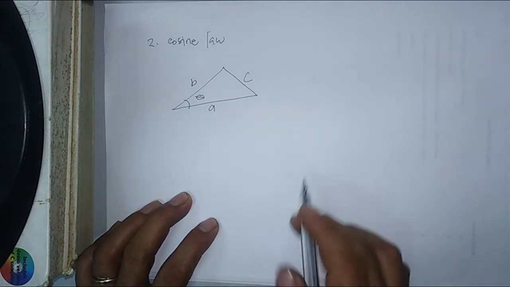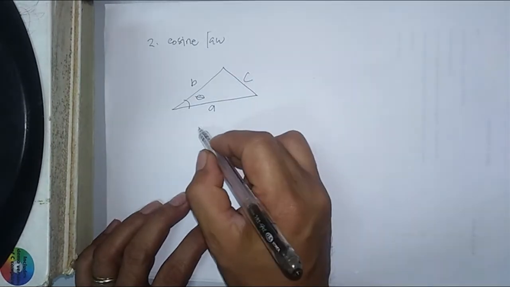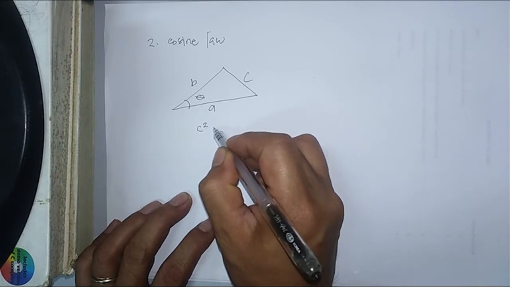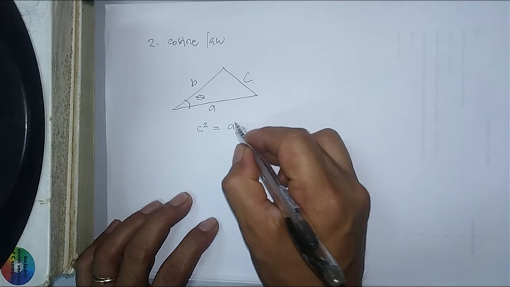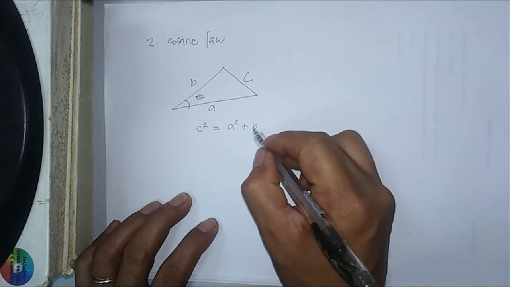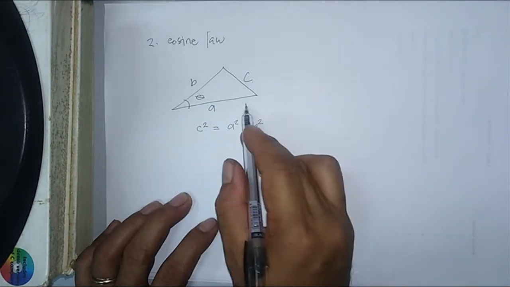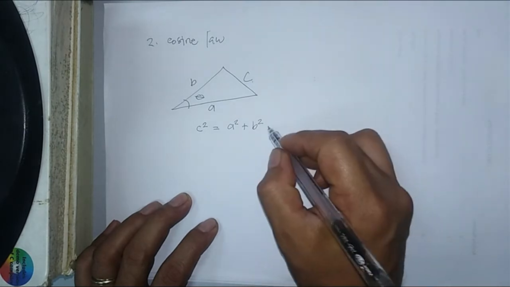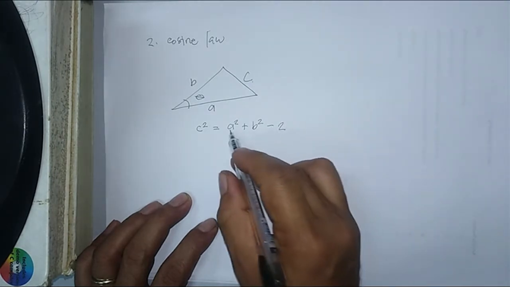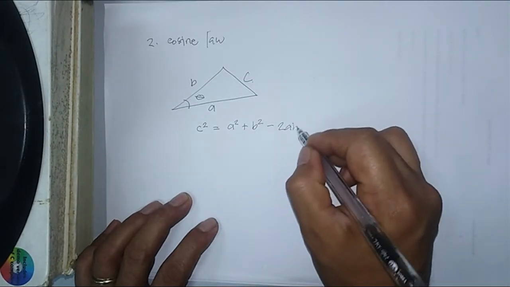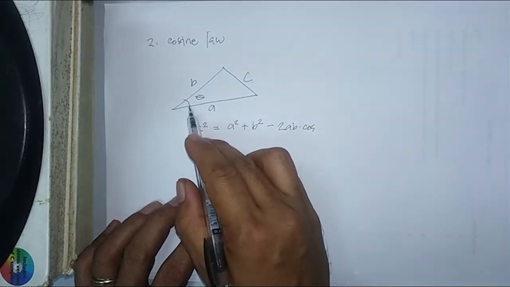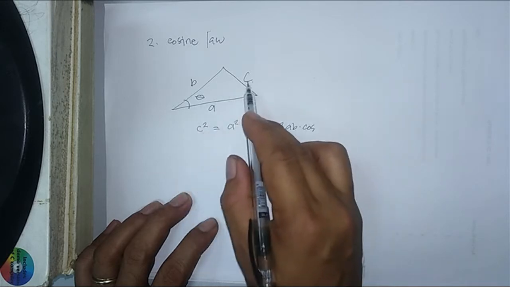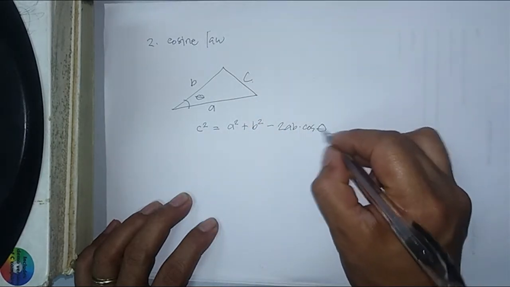C squared is the sum of the squares of the other sides, A squared plus B squared, minus 2 times AB multiplied by the cosine of the angle opposite C, that is theta.